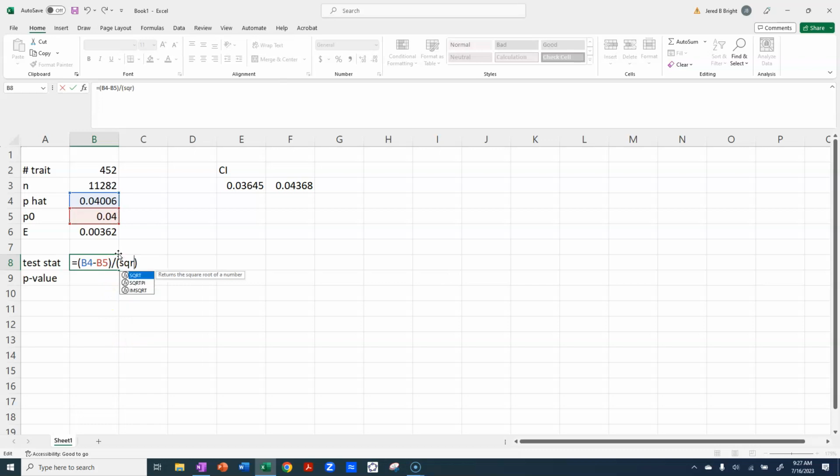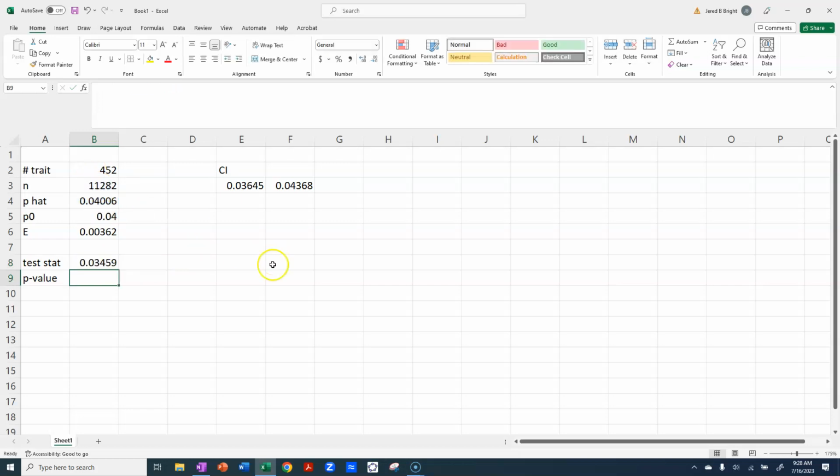Denominator was a square root, SQRT, and then it was p0 times 1 minus p0 divided by n. Okay, so I get a test statistic like that.